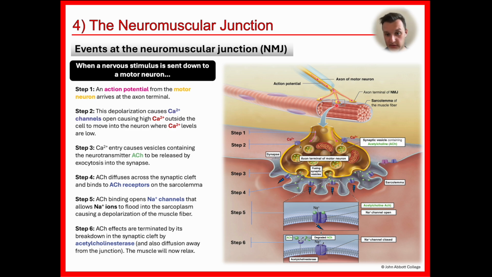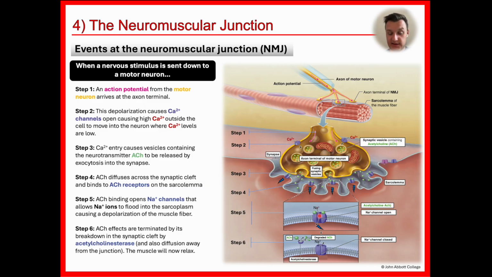Do you see here the sarcolemma? This is of the muscle fiber, right? So you see the acetylcholine binding onto this. Then, right, acetylcholine binding on this receptor will open these receptors, these channels. These channels are sodium channels. Remember, this was calcium channels? When these open up, they allow sodium to come in.